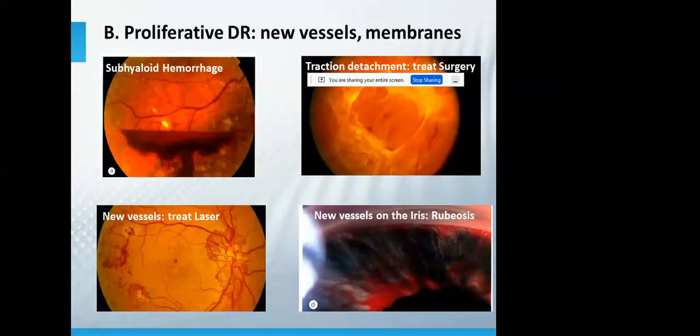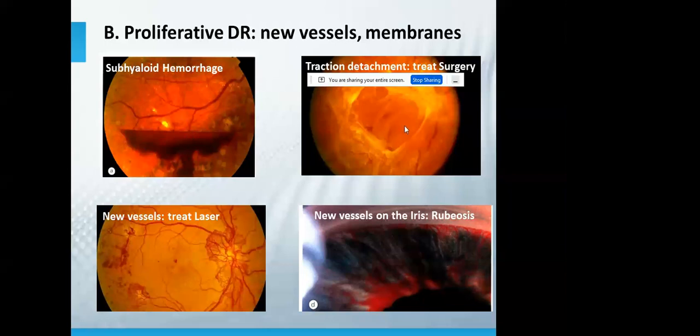So we have agreed the next stage is now proliferative. So any of these manifestations you're seeing on this picture is proliferative diabetic retinopathy. It is boat-shaped because the top is flat, the bottom is curved.